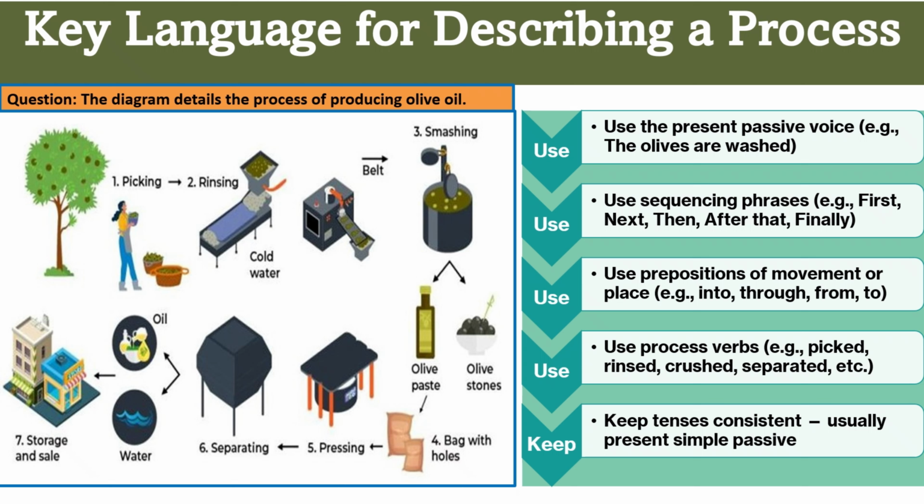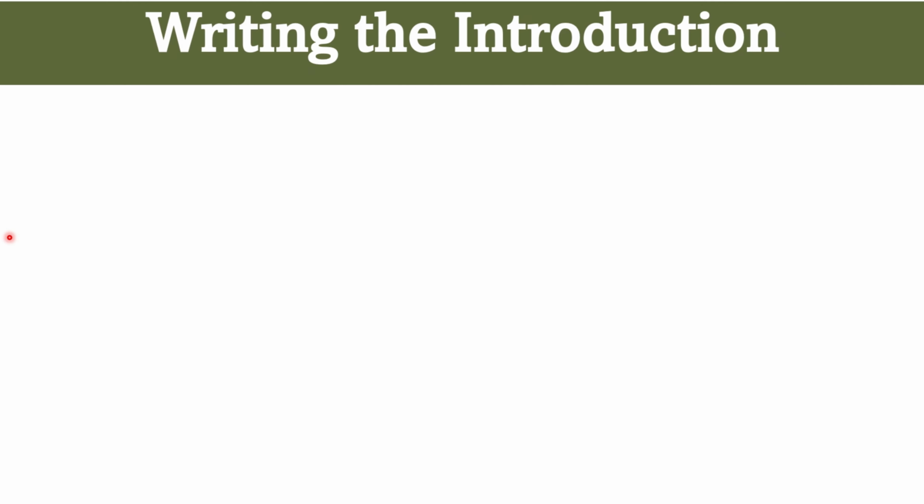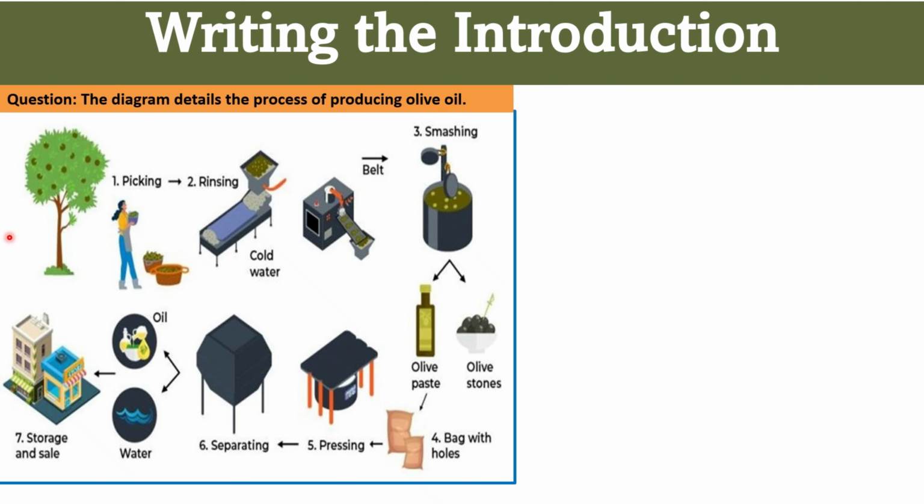The present simple passive is the most common choice for both natural and man-made processes in IELTS Writing Task 1. Using accurate language helps you score well for grammatical range and accuracy, as well as coherence and cohesion in your writing. Feel free to pause the video and take notes on each language feature so you can use them in your own writing. Now let's begin writing the response, starting with the introduction.